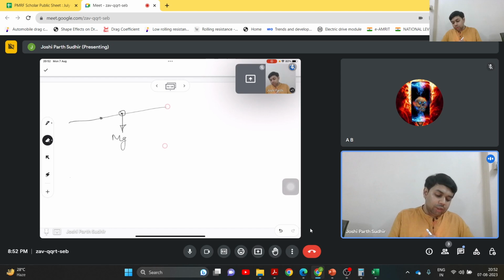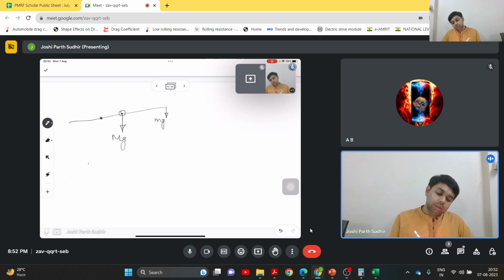It's also given that there is a small mass, small mg, at this end. And this is, let us say, the hinge.